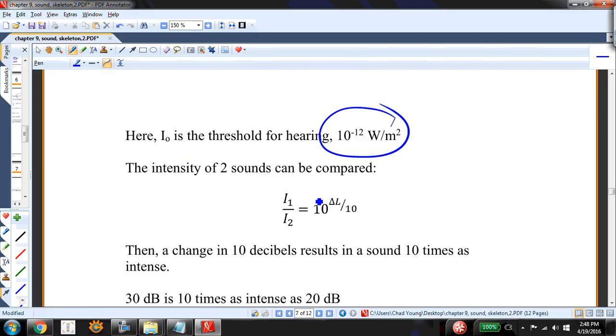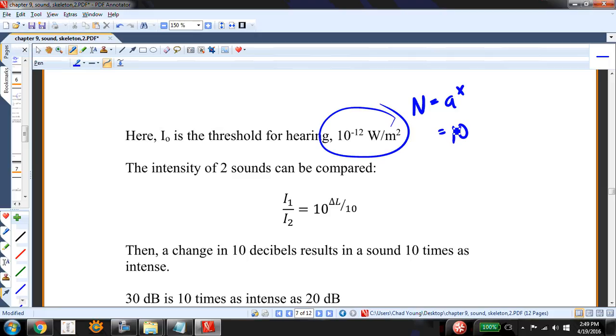Okay, so for example, we can compare the intensity of two sounds. But first, let me review logarithms and make sure you understand what they are. Let's say that n is equal to a to the x. For example, if we let a be 10, which we will because we're dealing with base 10 logarithms. If you're dealing in other logarithms, like natural logs, then you use Euler's number as your base.